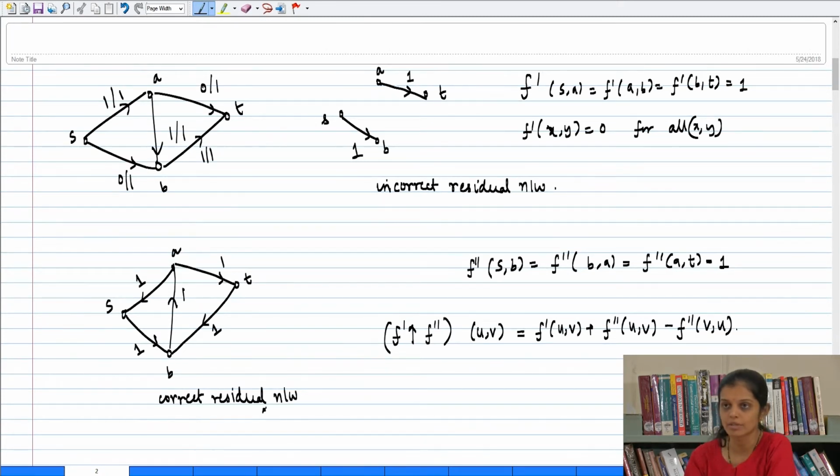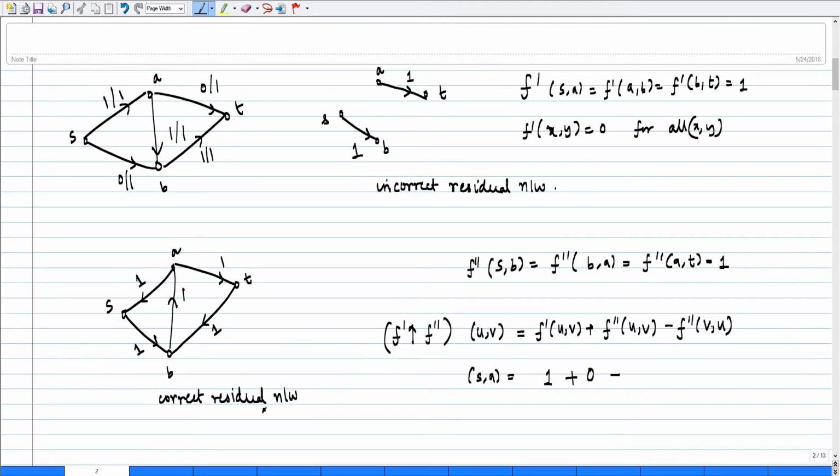So let us substitute this for a couple of things so that we understand it correctly. Let us do this for the edge SA. F prime of SA is 1, plus F double prime of SA, which is 0 because that edge is not even present in the residual network, minus F double prime of AS, which is 0 because you did not send any flow there.